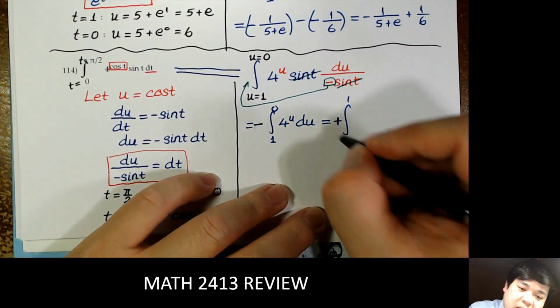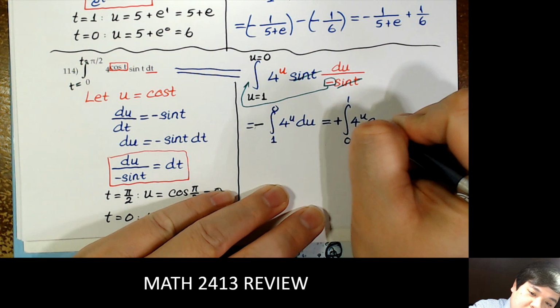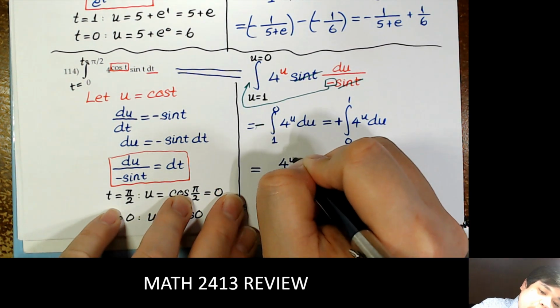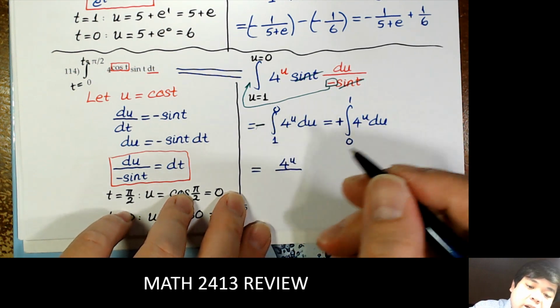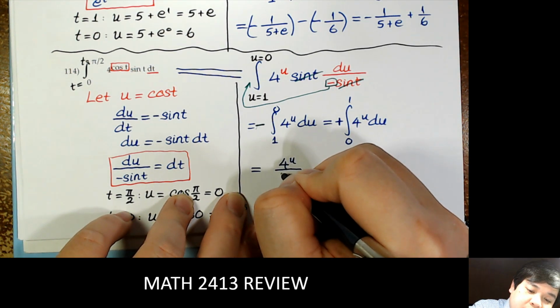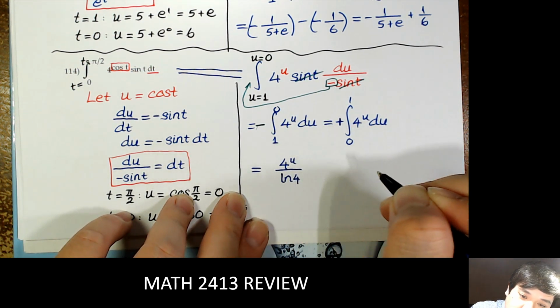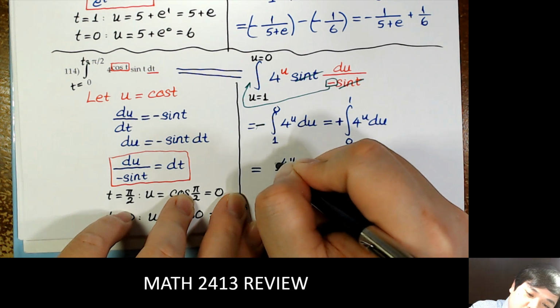So that's just 4 to the u du. The integral of 4 to the u is just 4 to the u divided by ln of the base, and that will go from 0 to 1.